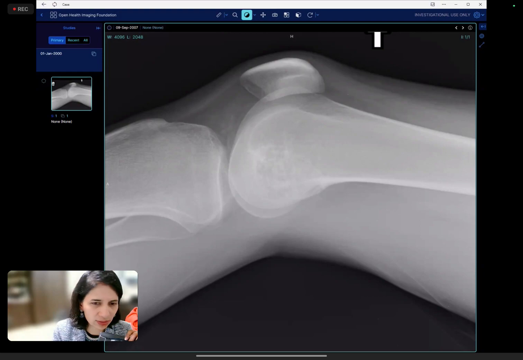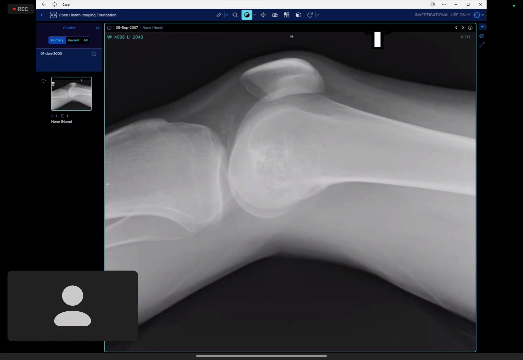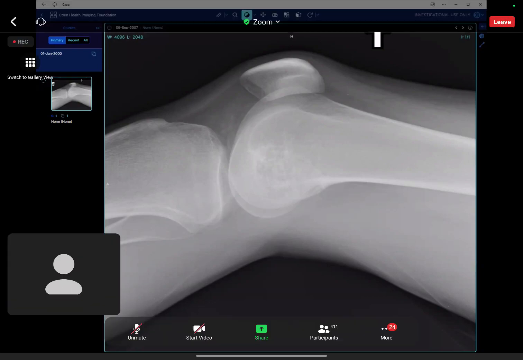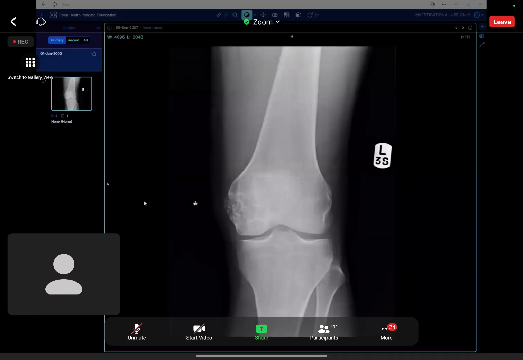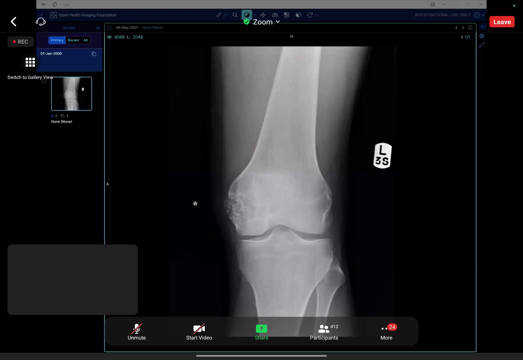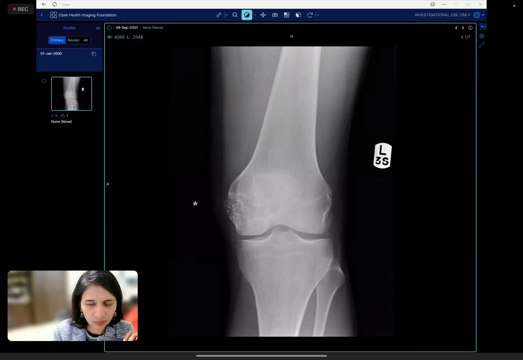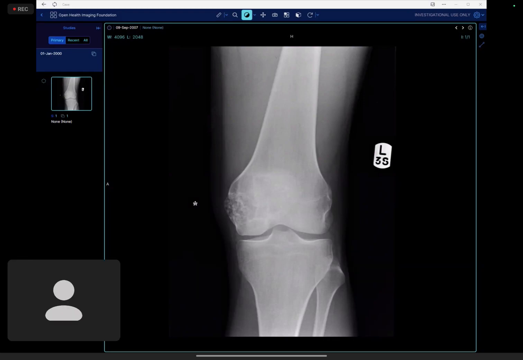It shows benign features. However, in a skeletally mature patient, I would still want to rule out any known primary. If the patient has a known primary, it could represent a mixed lytic sclerotic metastasis.